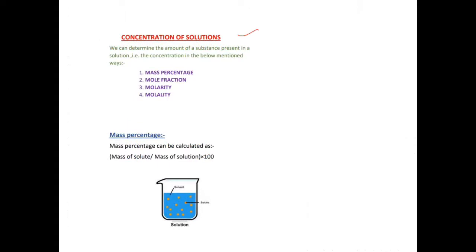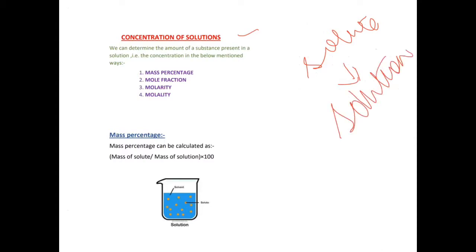Concentration of solution. First, let's see what is concentration of a solution. The concentration of a solution is the quantity of the solute present in a given amount of a solution or solvent. Now, what is solute and what is solvent?